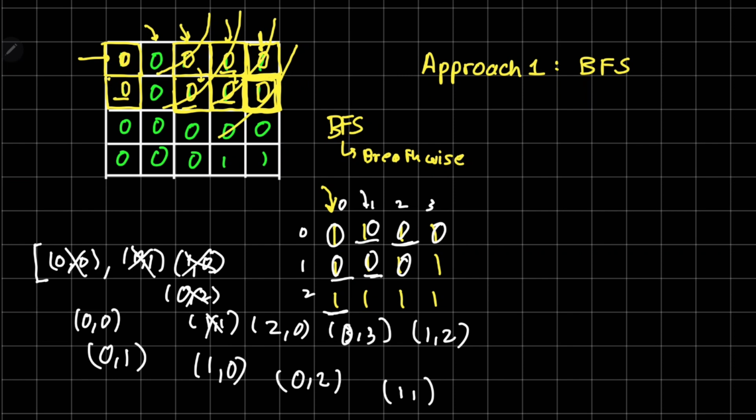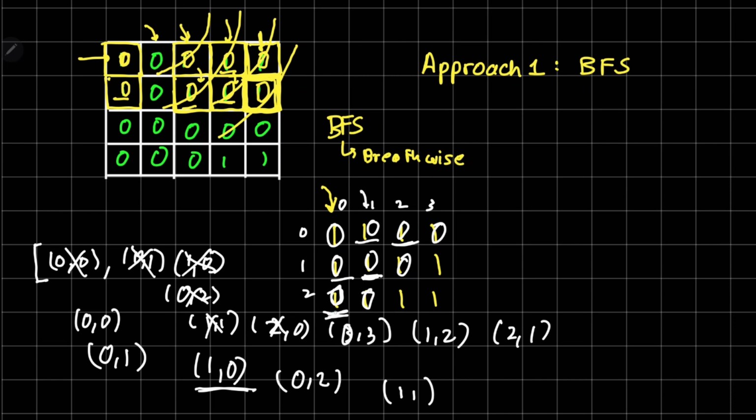I think 1, 0. Yeah, when we got this 1, 0, we pushed 2, 0, but we forgot to turn it to 0, so we'll turn it to 0. Now we have popped this and we will push this neighbor 2, 1 into the queue, and then we'll pop another element which is 2, 0.